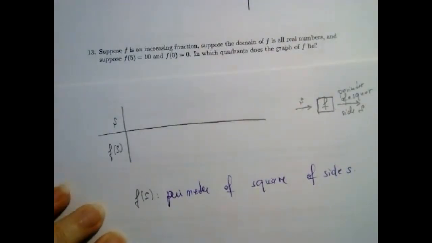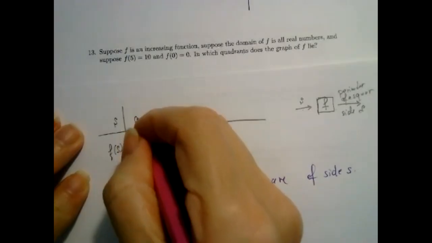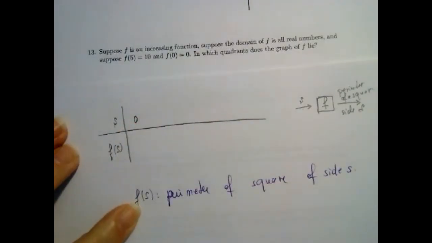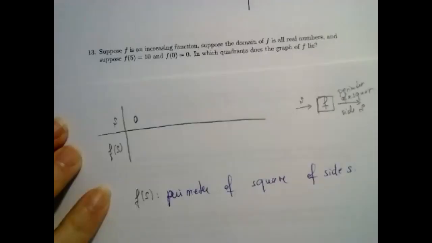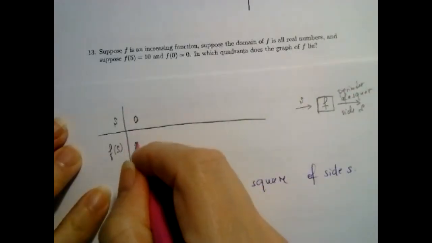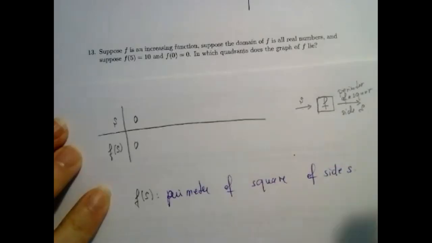All right? So if s is 0, what is f of s? 0. It means if you have a square where the side is 0, then the perimeter is 0.